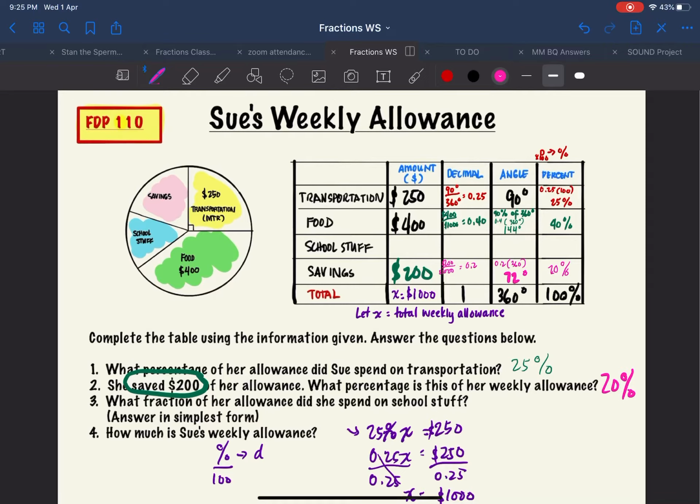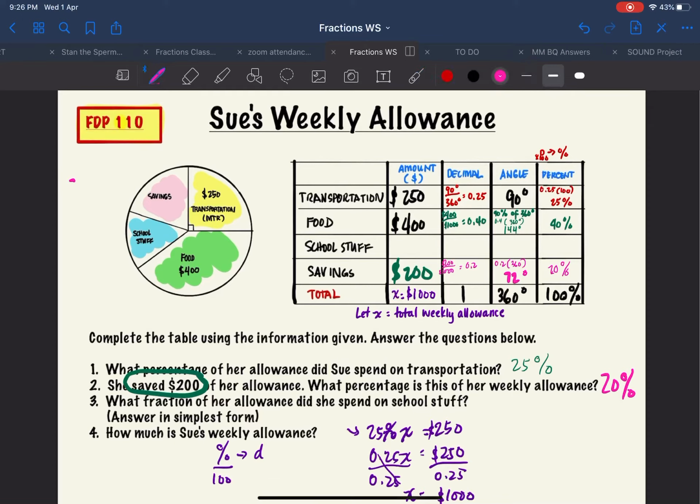What fraction of her allowance did she save on school stuff? So now, how are we going to calculate for this? We know transportation is 250, food is 400, and savings is 200. So you just need to add this plus this plus this and subtract the total from 1,000. Okay?